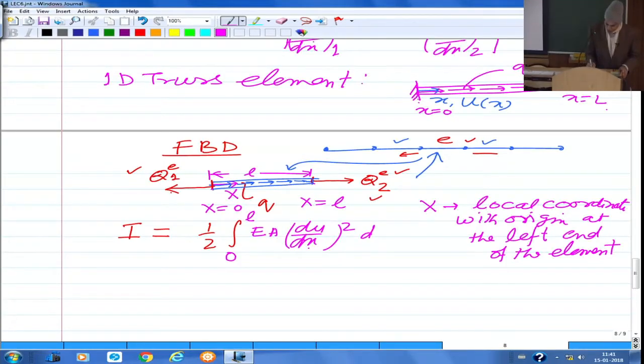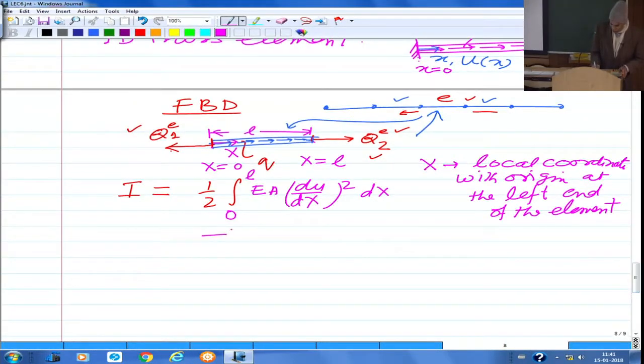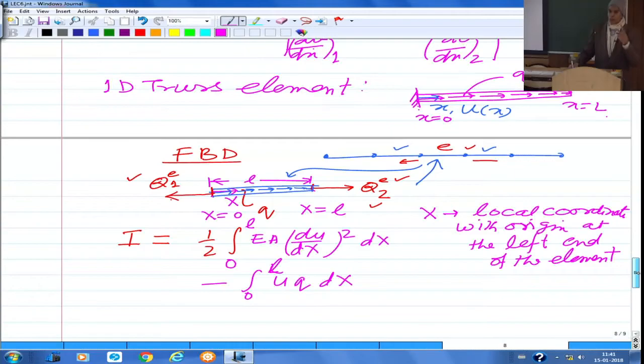Now the only thing is that the derivative with respect to the global coordinate x is equal to the derivative with respect to the local coordinate X, so this is dx and this is also dX, capital X. Okay, so that's the first term. Then we had the second term, which is the integral from 0 to l of u into q, with small l dx. Now keep in mind that this is small l dX. This we had already done, but see what we had done when we derived the integral functional, because we were talking about the entire problem.